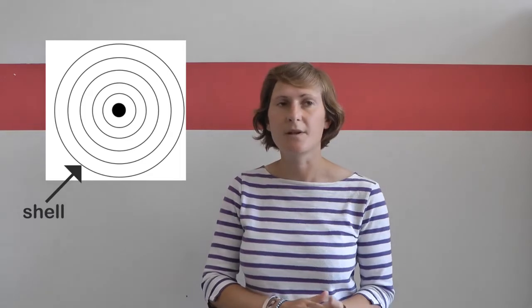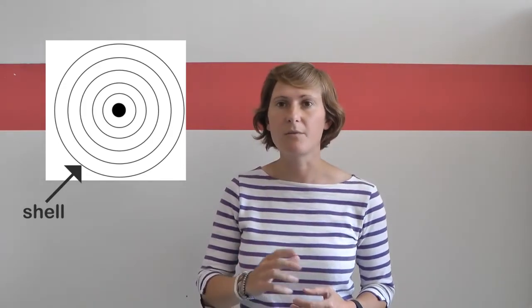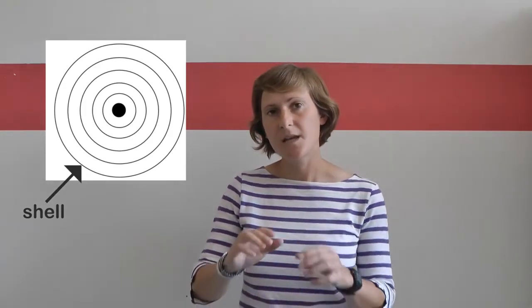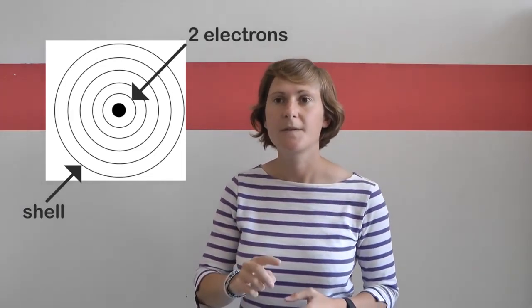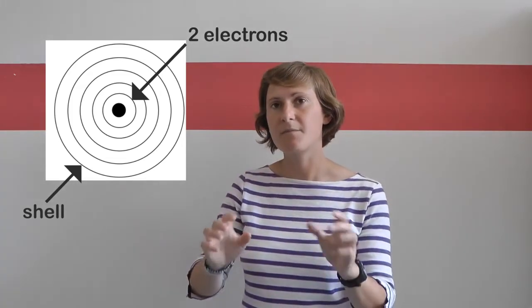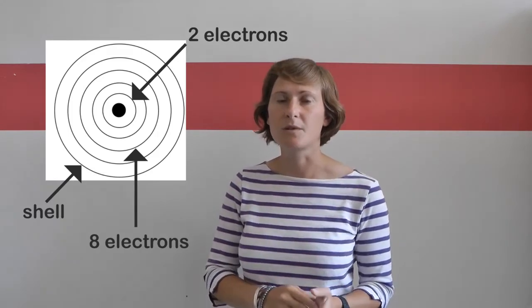So atoms in molecules are held together with bonds. If we think about the electron shells and a molecule of water, for example, the innermost electron shell, the one nearest the nucleus, has a maximum of 2 electrons. The next ones out have a maximum of 8 electrons. Hydrogen only has 1 electron in total, so it only has 1 in its outer shell, and really to be complete it needs 2.